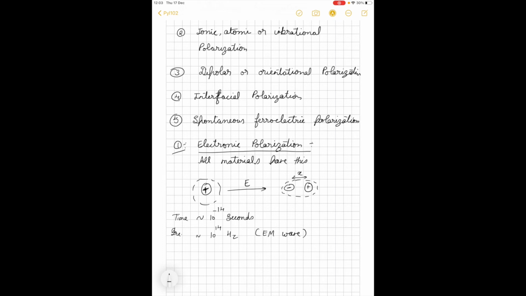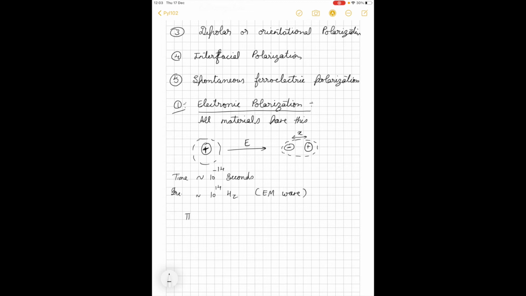Whenever this field interacts with the dielectric material, it causes electronic polarization in the system. So let me write down: this field interacts with dielectric material and causes electronic polarization.